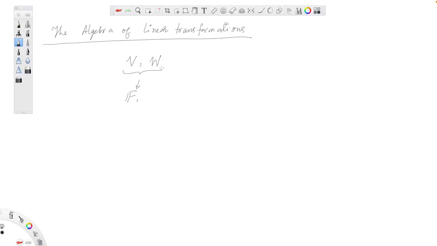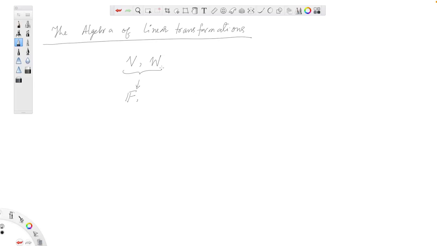Now, as a specific example, one can focus on the situation when V and W are the same. That is, we focus on the set of all linear transformations from the vector space V to itself. Okay, this set, contrary to the previous set when V and W are taken to be different, has more structure in it, more than the structure of a mere vector space.